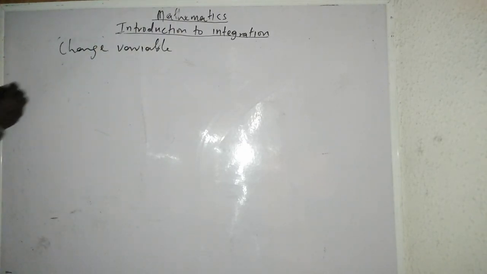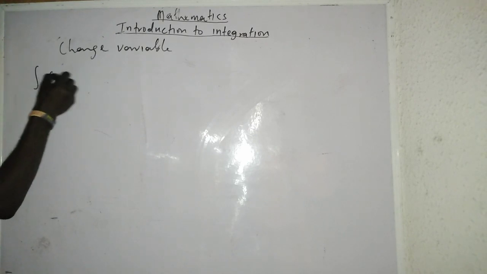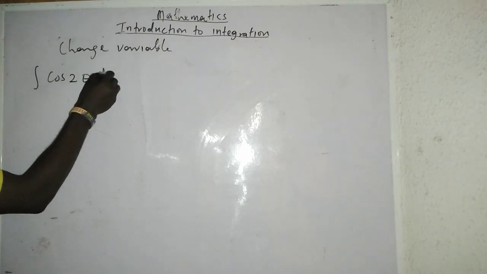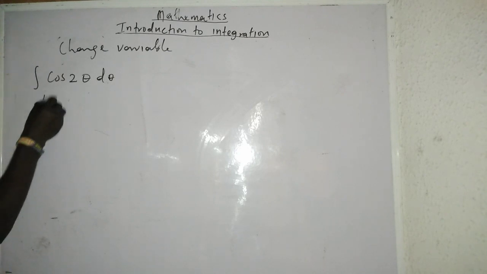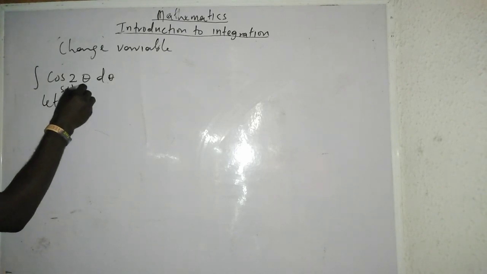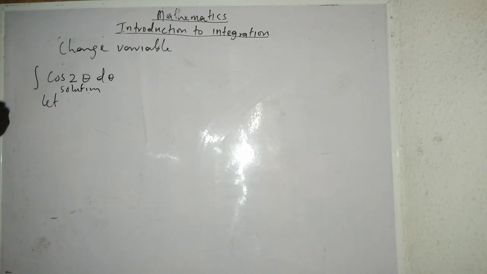For instance, I want to integrate cos 2 theta with respect to theta. This is very simple. Now, I want to integrate this particular problem. Let me just evaluate it.